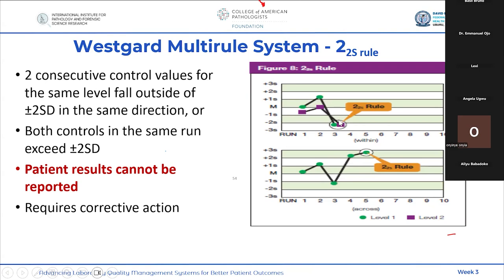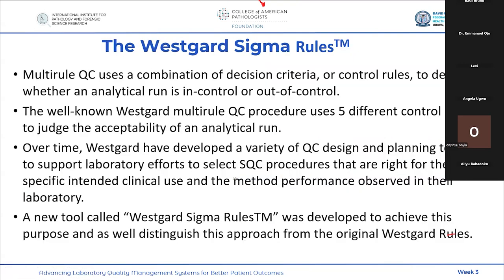Level 1 was outside 2SD, and Level 2 was outside 2SD in the same direction. When you are talking about the 2 2S rule and 2 levels of control, then it has to be in the same direction for that rule to be violated. These are some examples of the rules that I want to talk about.